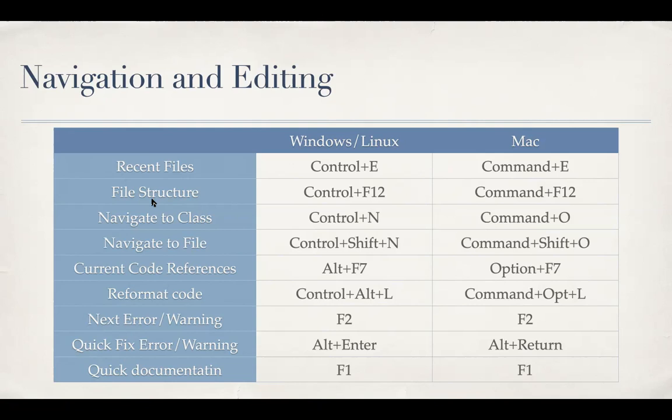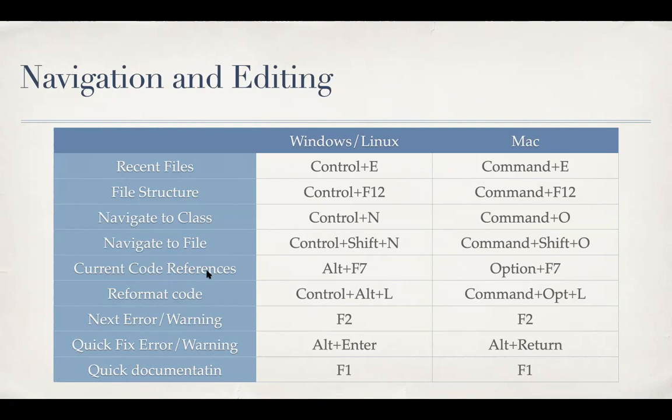Different methods or members of a Java class, for example, you can get that by Command F12 or Control F12. Navigating to a specific class or navigating to a file, these are also some useful ones. You can do Control N, Control Shift N, respectively, on Windows and Linux, or Command O, Command Shift O on Mac.